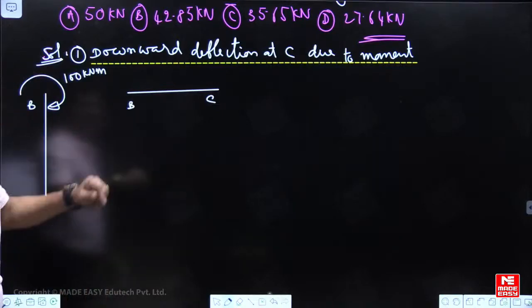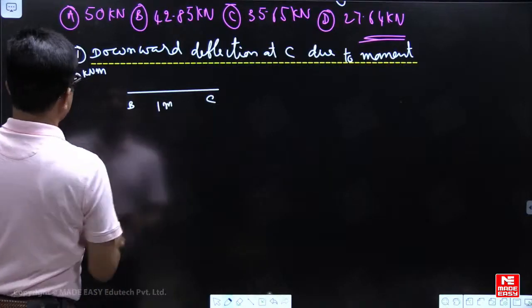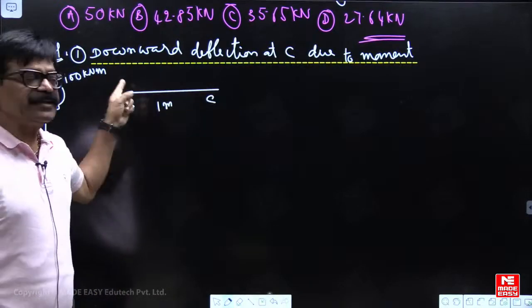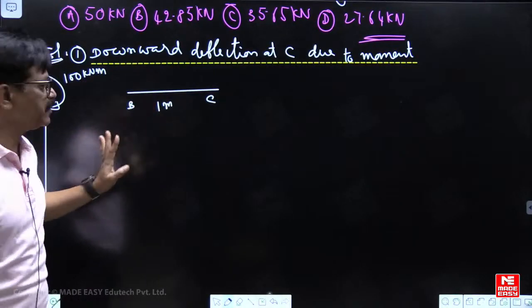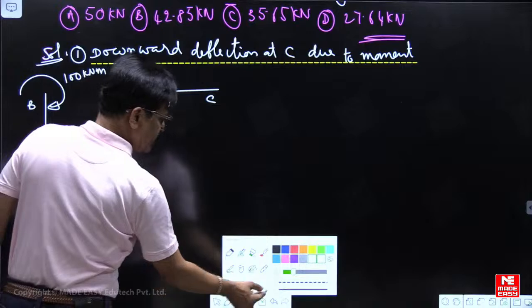BC, that's all. This is only 1 meter. Because this is a free end, once moment here is 0, here it should be 0 only. Now for this one, what is theta B?